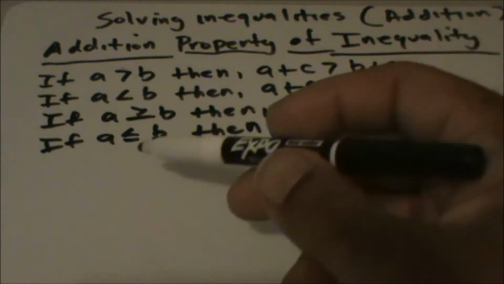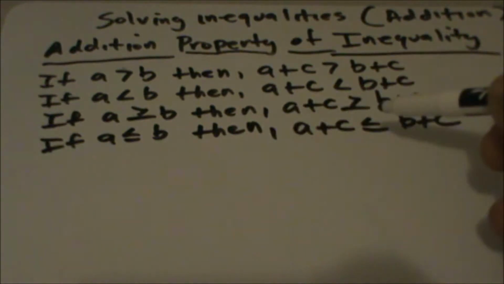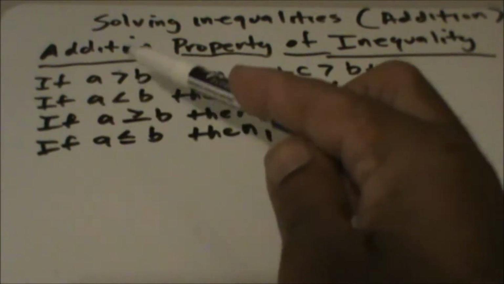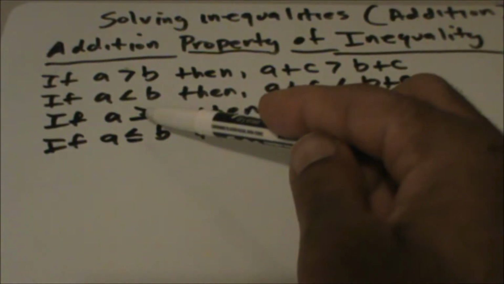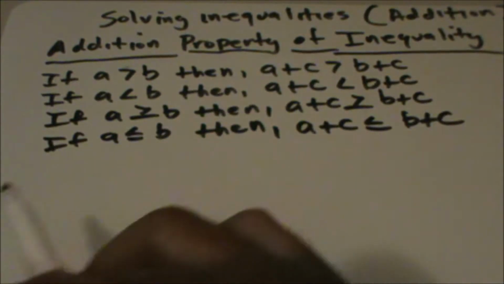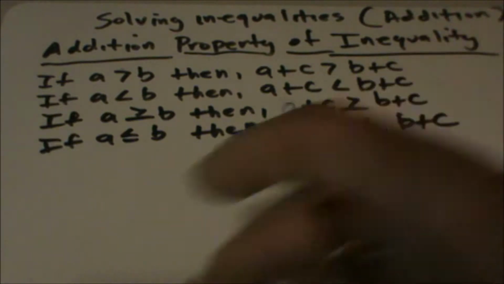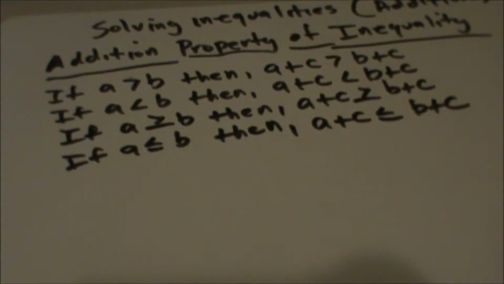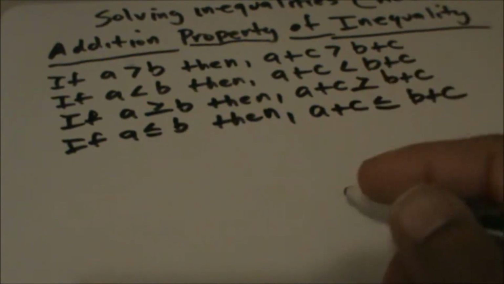This is the property rule for each of the four inequality signs: greater than, less than, greater than or equal, and less than or equal. And we'll demonstrate it. When I demonstrate at least some of the inequality signs, you'll see it applies for this particular property, the addition property.